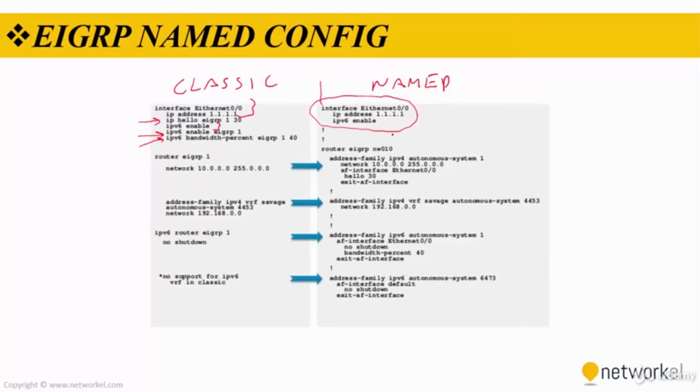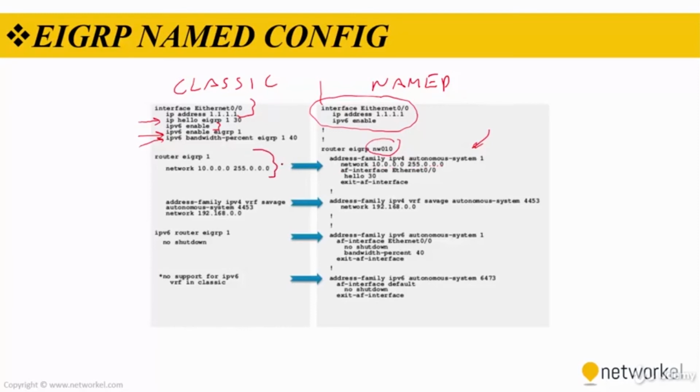To configure this, guys, we are using the named mode. When we are using the named mode, we are typing router eigrp, and this time the name is NW010. Then we are getting under the address-family ipv4 autonomous-system 1 command. Then we are advertising our route by using the network 10.0.0.0 0.255.255.255 command.